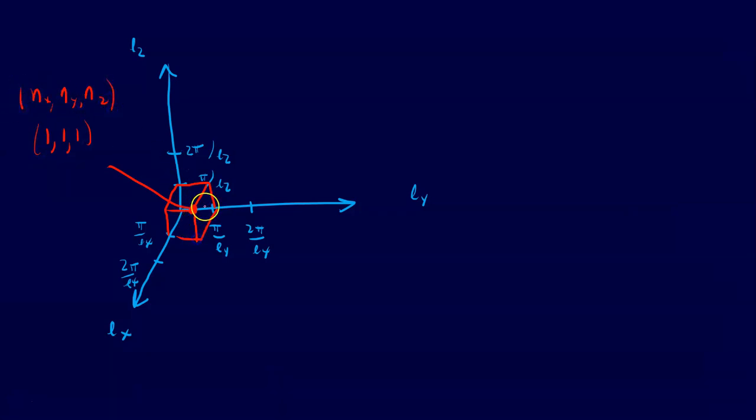And this would be our cube. I'm going to claim that the volume of this cube, in K space, holds one state. We did the area in 2 dimensions, and so that would be pi over Lx, pi over Ly, pi over Lz.